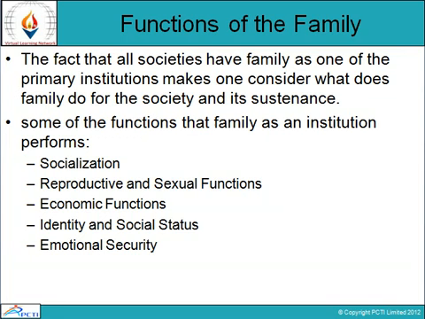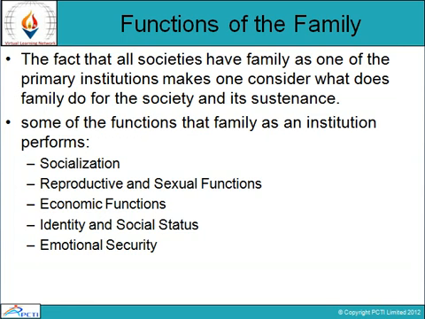Now comes the functions of the family. The fact that all societies have family as one of primary institution makes one consider what does family do for the society and its sustenance as well.